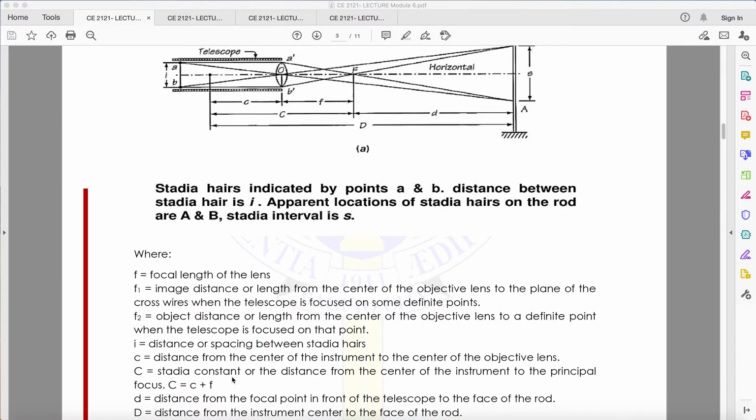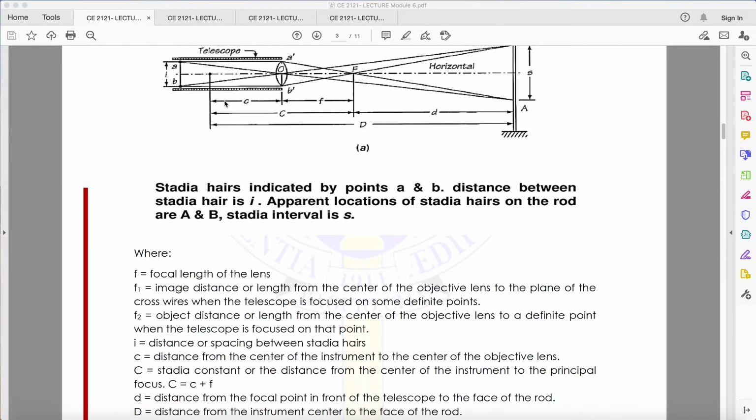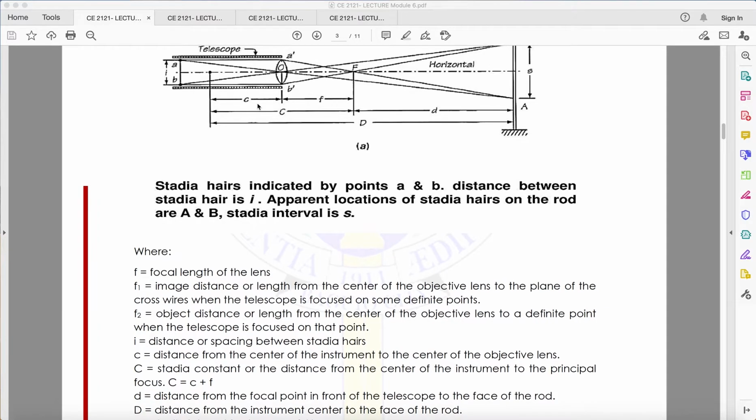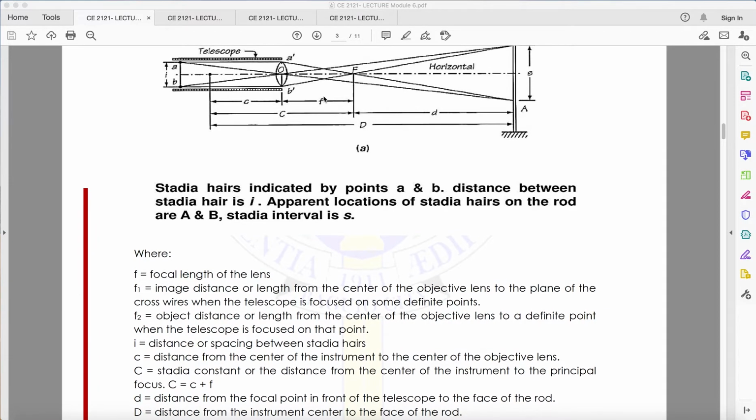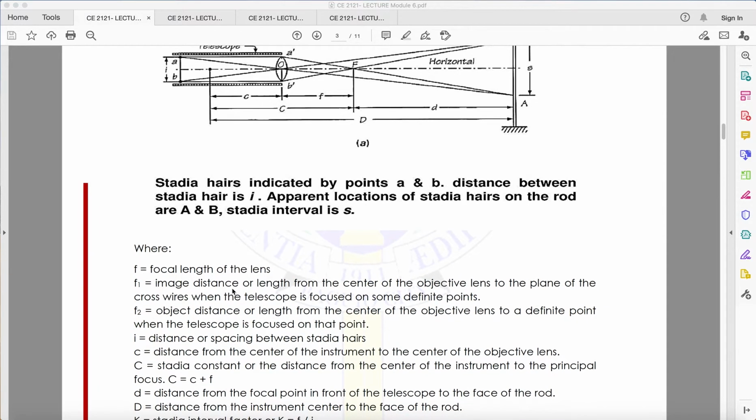The stadia constant, or this is capital C. So this is your stadia constant, or the distance from the center of the instrument to the principal focus. Okay, so this is your focus. Or it is simply small c plus small f. Okay.